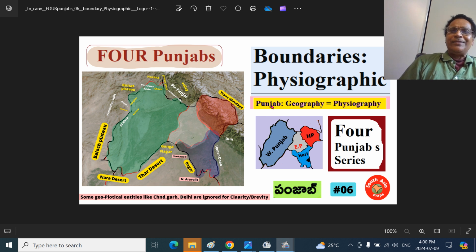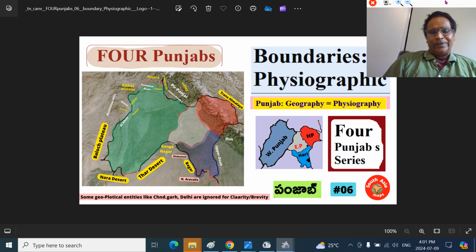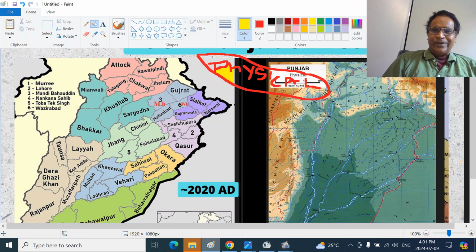This is Punjab geography, physiography. Physiography is the physical geography. That means how the land habitat looks physically with respect to topography, elevation, the plains and plateaus, mountains, gorges, water bodies, and so on. You see, this is the Pashchim Punjab. Here you see only the political geography, certain lines called the districts drawn, just a two-dimensional view.